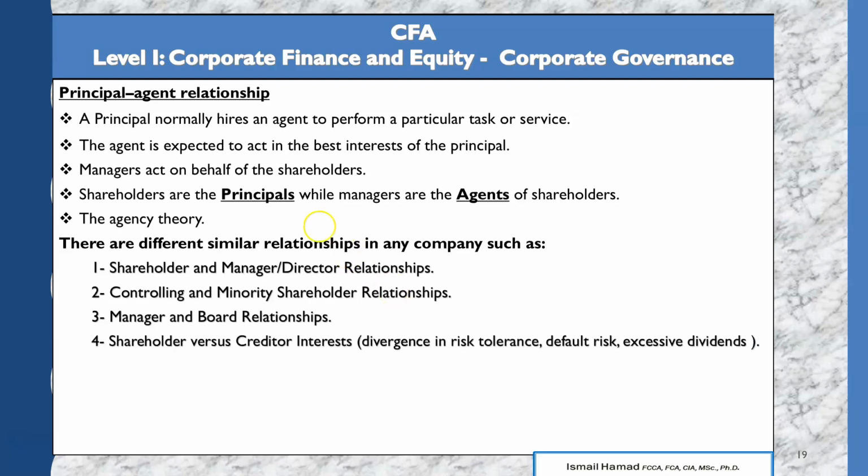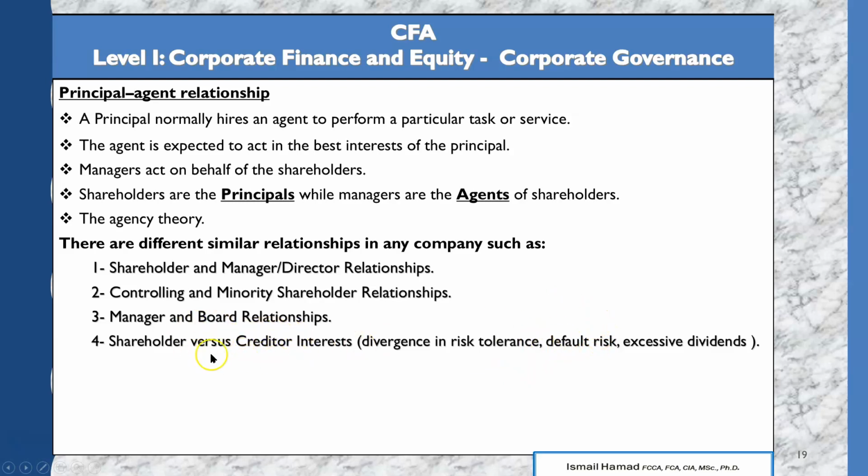Shareholders versus creditors. Divergence in risk tolerance. What does that mean? It means that shareholders might go for high risk that might jeopardize the interest of creditors. It is in the creditors' best interest that the company keep a low risk profile and cash enough to pay their payments. There is also the risk of default.